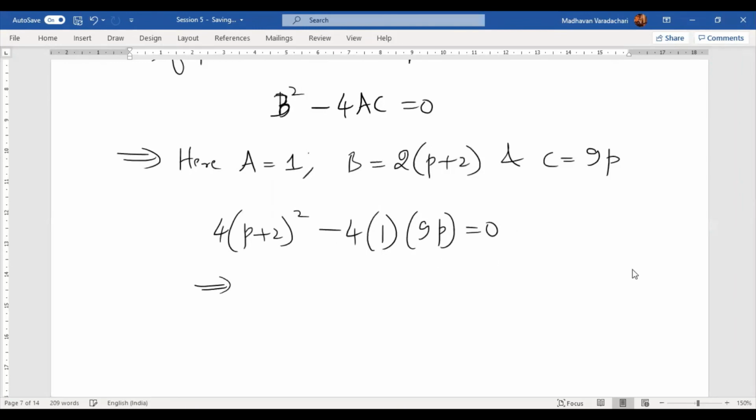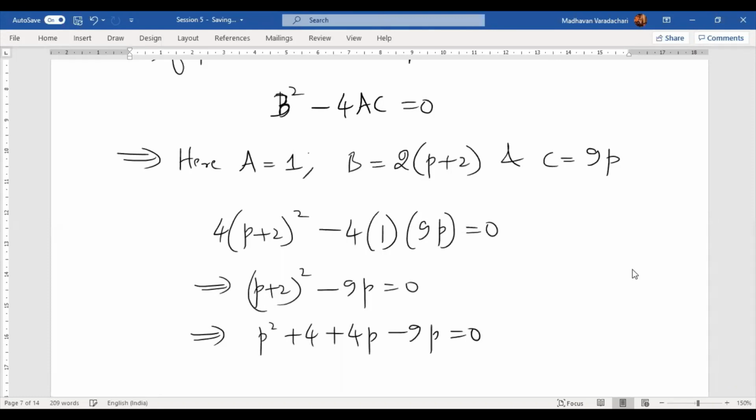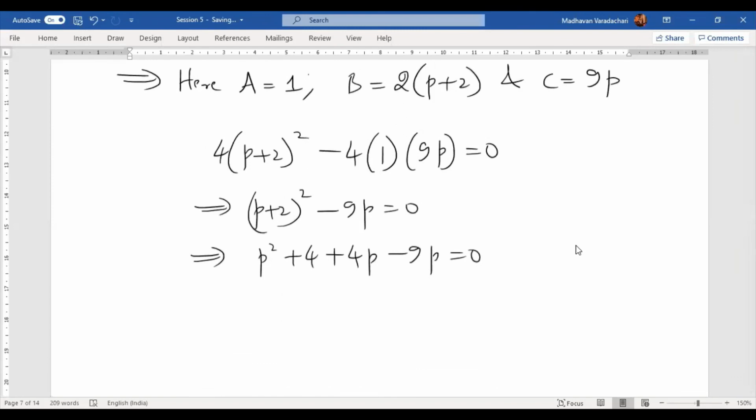So this gets simplified to p plus 2 the square minus 9p equal to 0. Now expanding this, p square plus 4 plus 4p minus 9p equal to 0, which reduces to p square minus 5p plus 4 equal to 0.